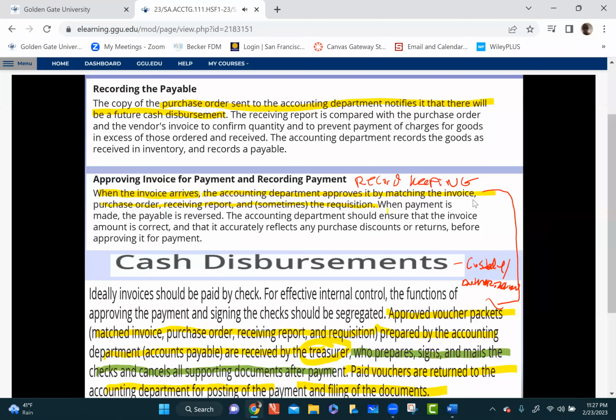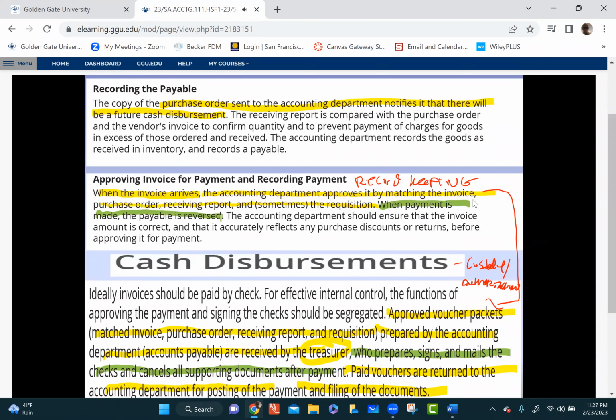When it goes back to the accounting department, now I'm just going to go back up. The accounting department, who has the record keeping function, will go ahead and debit the payable, credit the cash, so that we have a separate accounting. So you can see that we've separated the duties, right? We have the authorization to request the goods, the authorization to order.